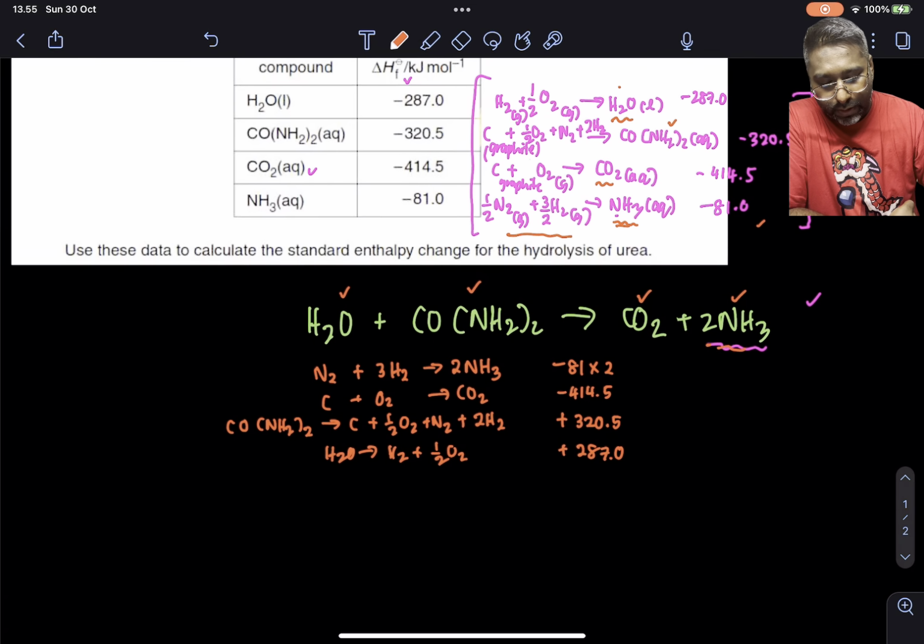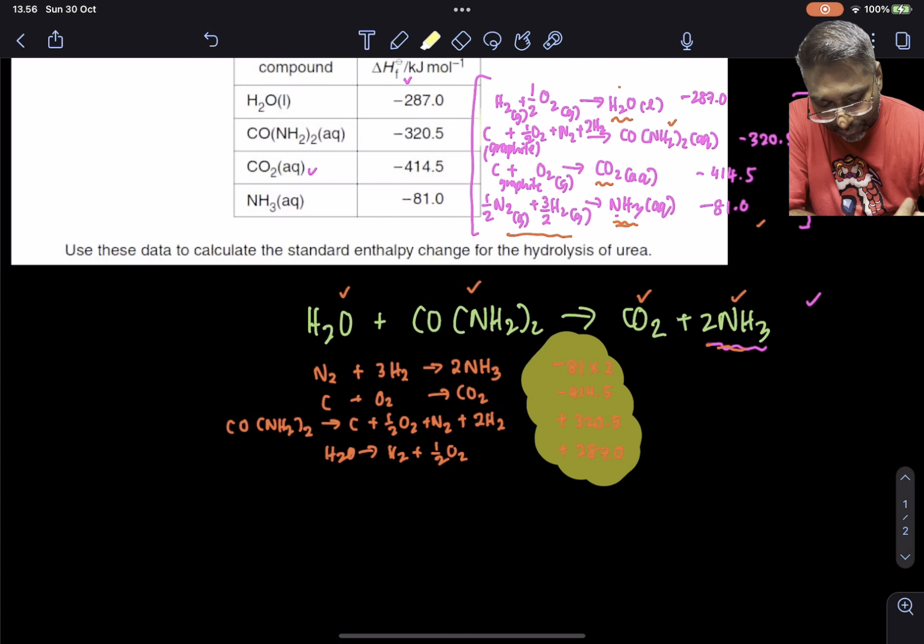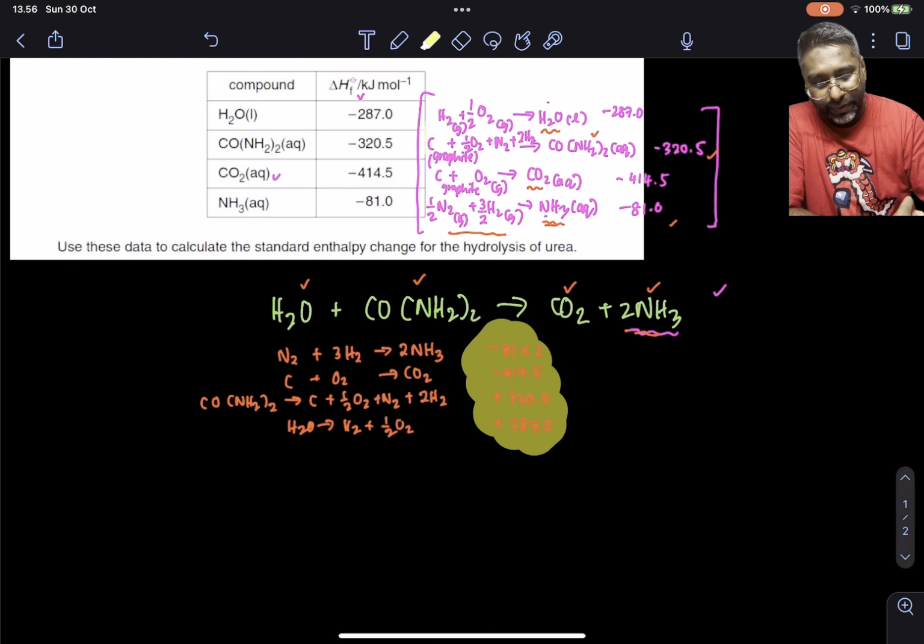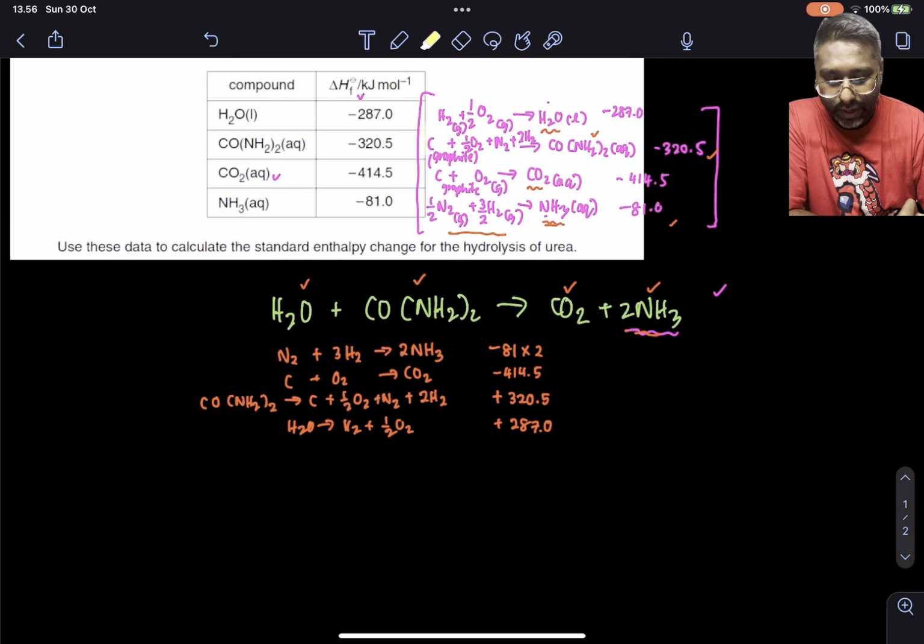Now, if you do this correctly, what you can be certain of is that if you add all these values, you are going to be able to get the correct answer.